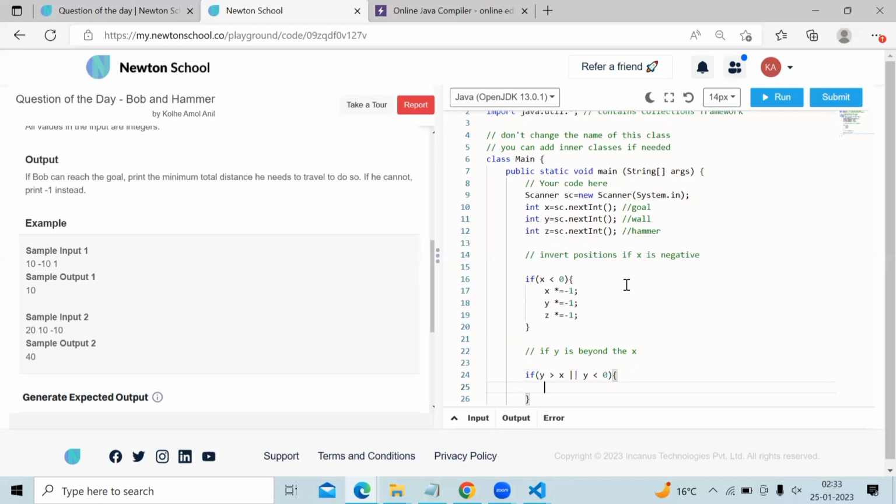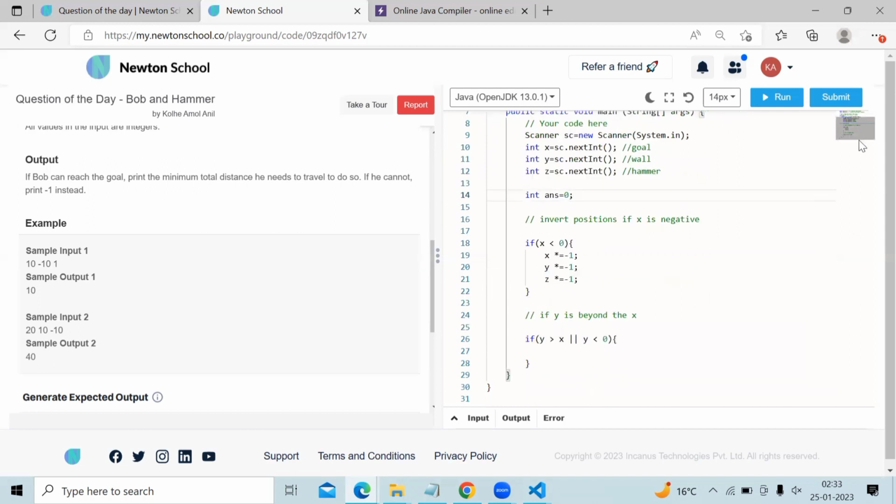Then here we'll initialize one variable, let's suppose answer, we'll initialize it with 0. Now simply we'll write answer equals to x.